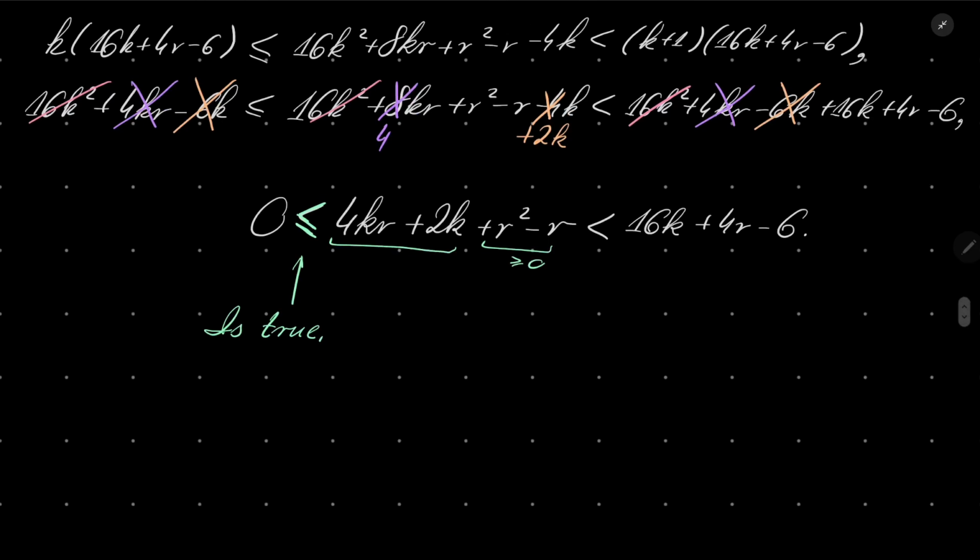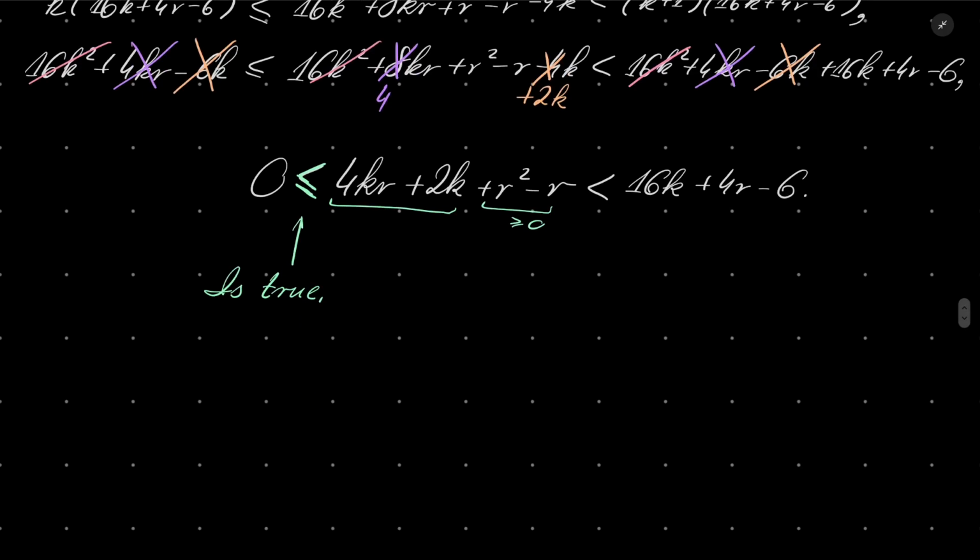So now we have just to verify our second inequality. In other words, we just want to verify 4kr plus r squared plus 6 is less than 14k plus 5r. We have to verify that.